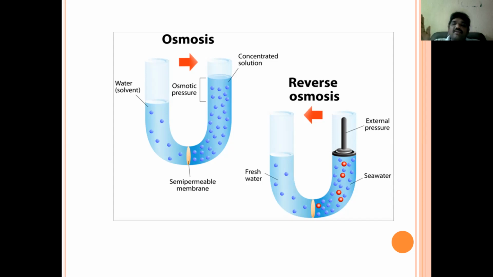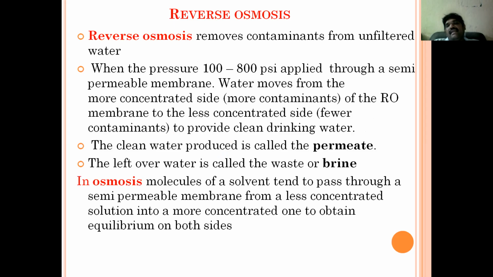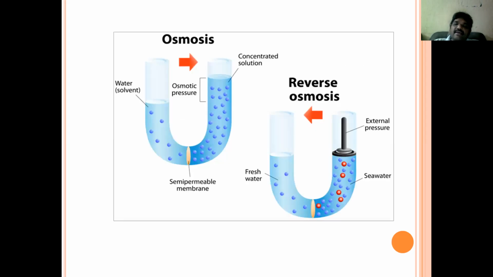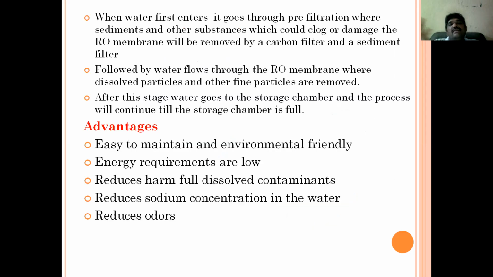The water that passed from the high concentrated to the low concentrated zone is called permeate, and the leftover water is called brine or wastewater. See here, what is happening exactly here?